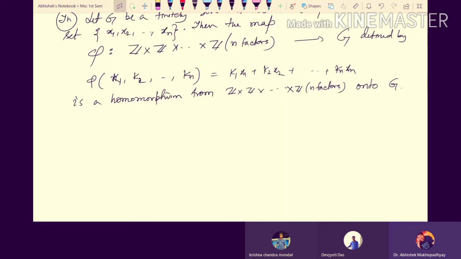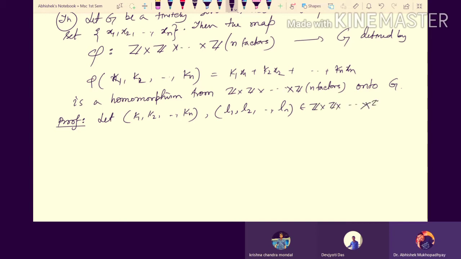So the proof is very simple. Let us consider two such elements (k1, k2, ..., kn) and (L1, L2, ..., Ln) in Z cross ... cross Z, n factors.